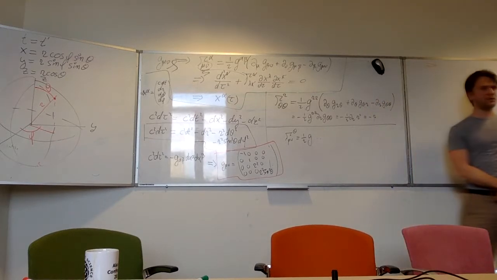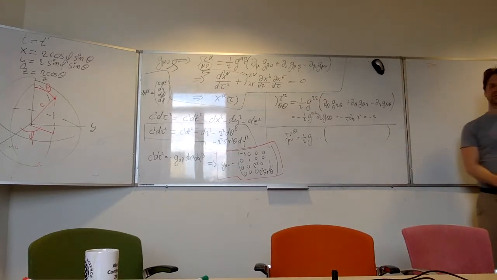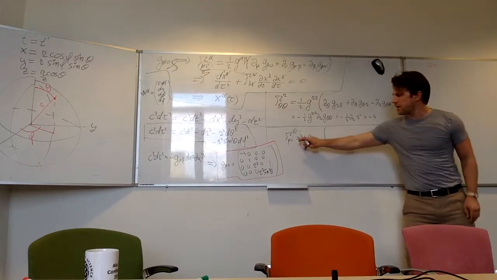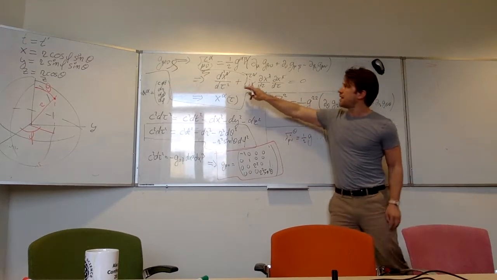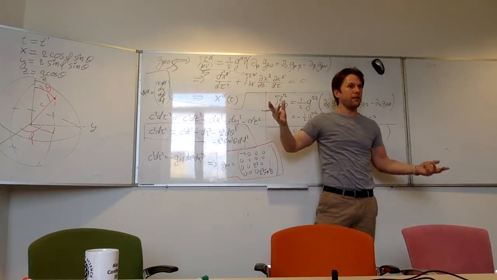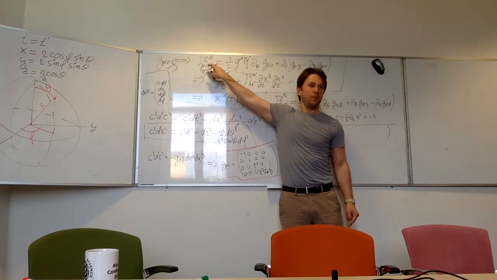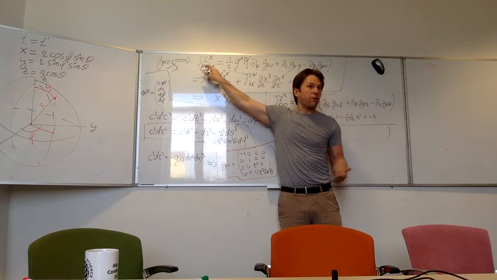Okay. Maybe somebody can dictate what I should do next. So what are we looking for? I specified my alpha here. Yes, I said it has to be the one in theta direction, but I haven't specified my mu and my nu yet. Both of them come with 4 options.